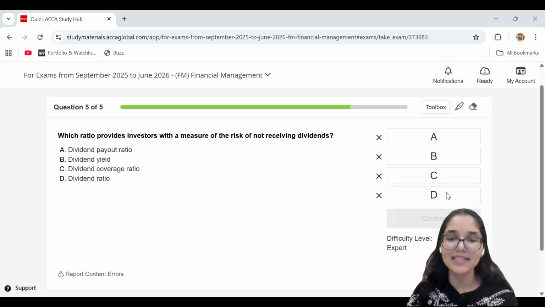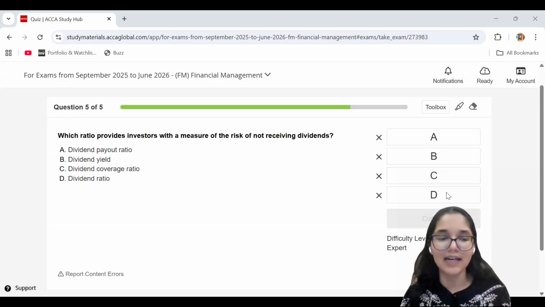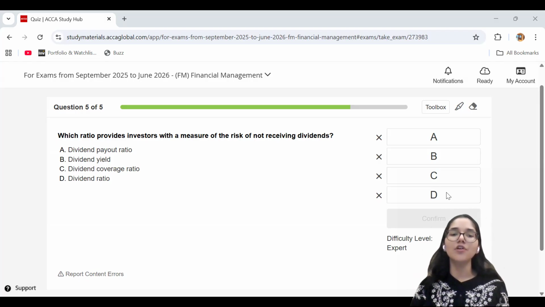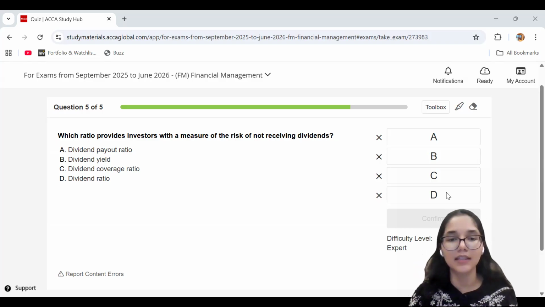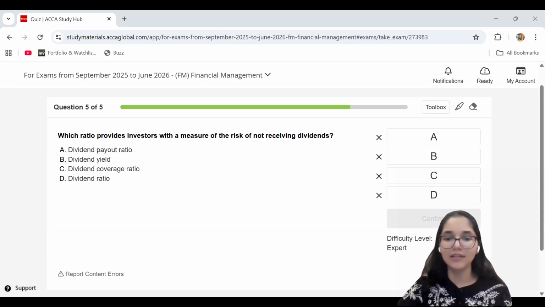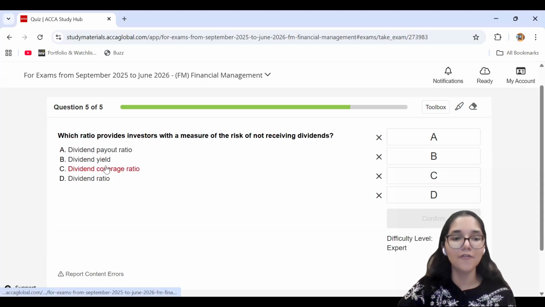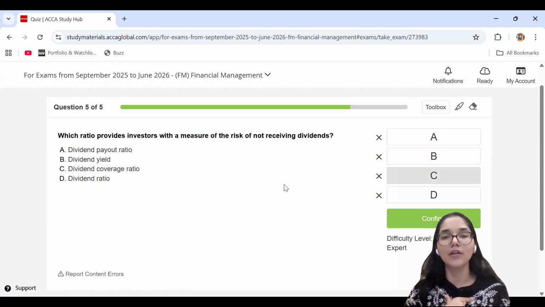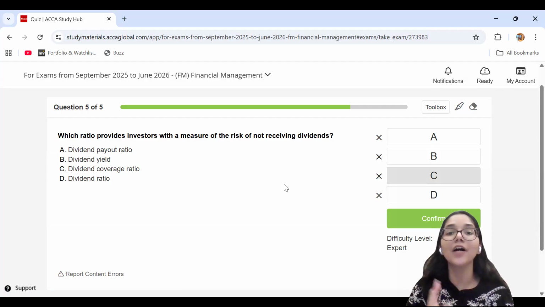Okay, so let me discuss in case you're not able to come up with the answers. Here, the question is asking you which measure of risk is something which will measure risk of not receiving the dividends. So it is the dividend coverage ratio, absolutely correct, Umar. It is the dividend coverage ratio which measures can the company pay me the dividend or not? Does the company have ability to pay the dividend to me or not?